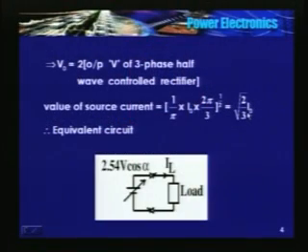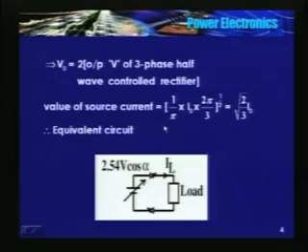I told you that each device conducts for 120 degrees. So, if I find the RMS value of the source current, it is found to be root 3 by 2 into I naught.